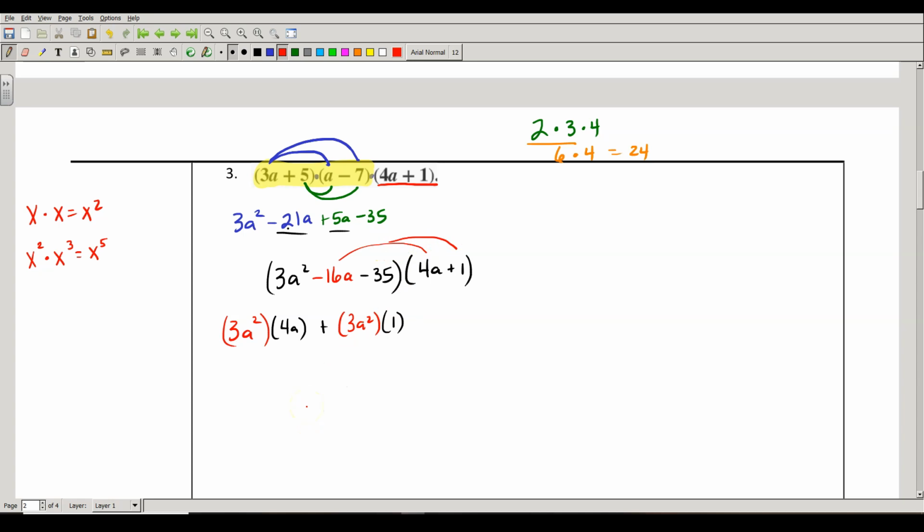So if I write that out, I got 2 more multiplications. I'm going to have negative 16a, again, times 4a, and then plus, again, negative 16a times 1.